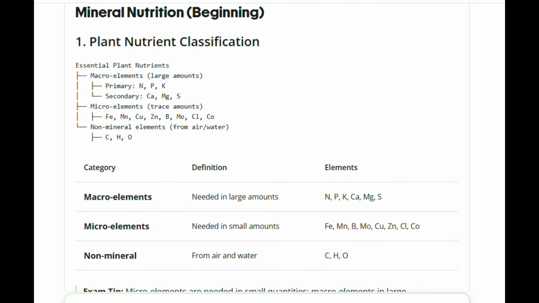The primary, also known as the major macro elements, are your NPK: nitrogen, phosphorus, potassium. Then we have the minor macro elements, the secondary macro elements: calcium, which is Ca, sulfur, which is S, and magnesium, which is Mg.